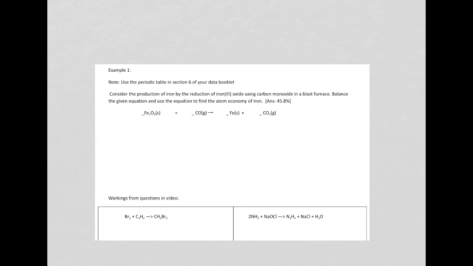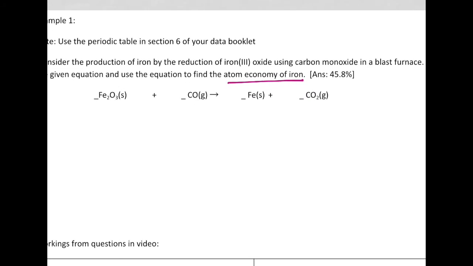Now let's try another example where you have the stoichiometric ratio being involved. So in this reaction, you need to find the atom economy of iron. We have the equation that is given to us, and when we look at it, we see that it's not balanced. So we'll balance the equation first here, and then we're going to find the MR of the reagents.